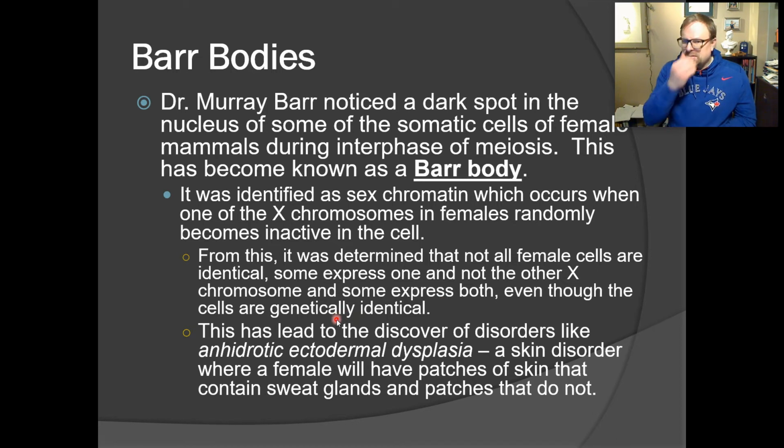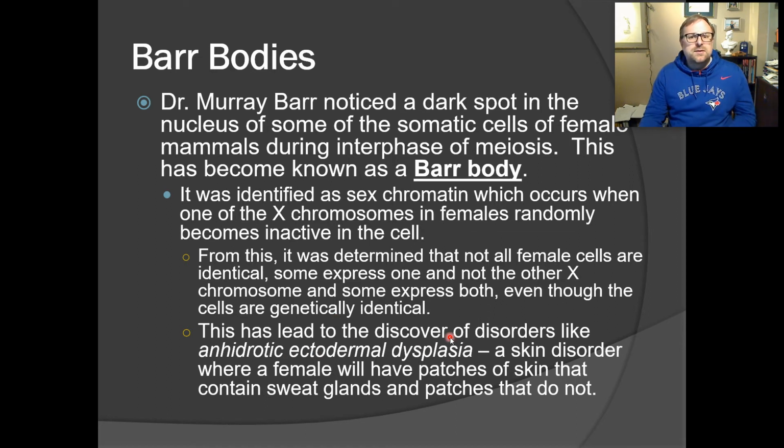So what this did is it led to, if you imagine you're heterozygous, and maybe in one of the cells the dominant allele had been shut down and not expressed for whatever reason, then you're going to express the recessive allele when you normally wouldn't have expressed it.